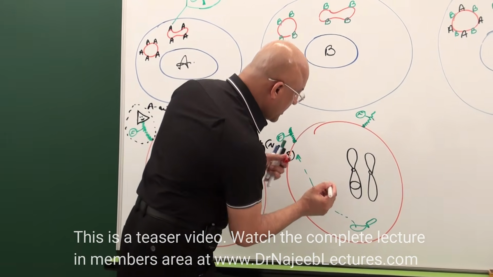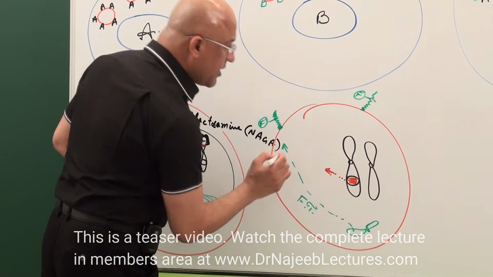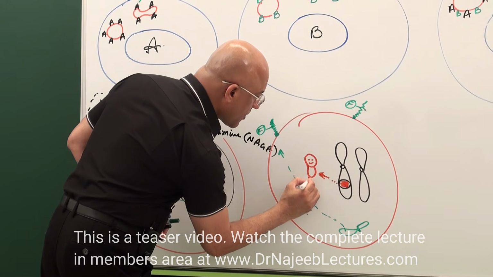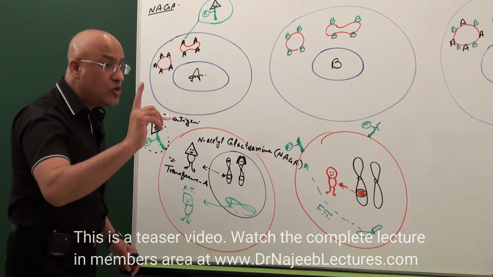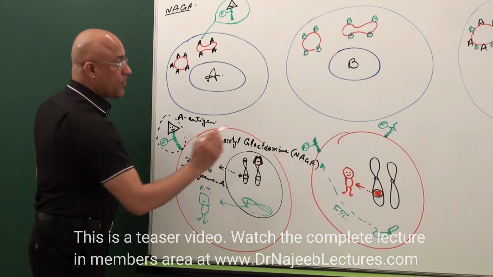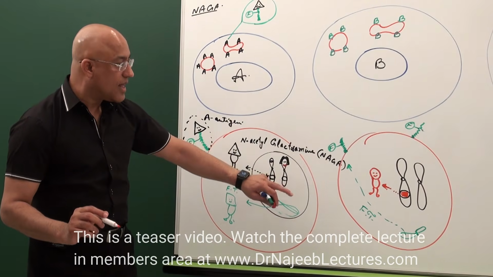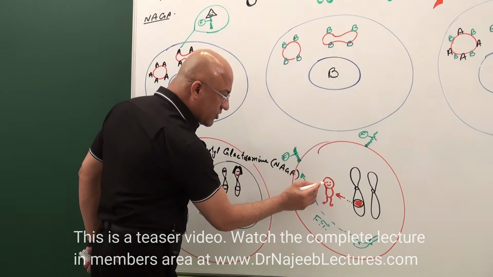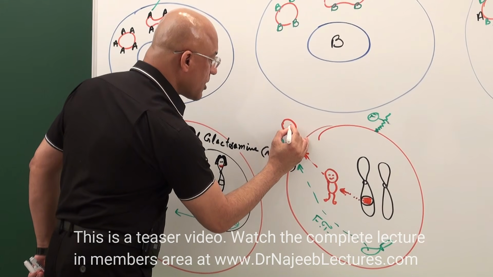Let's suppose this makes a transferase which is not transferring N-Acetyl Galactosamine. It is transferring only galactose.